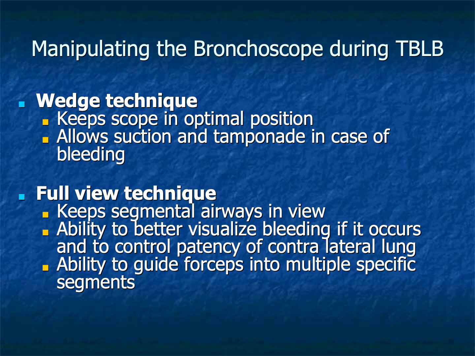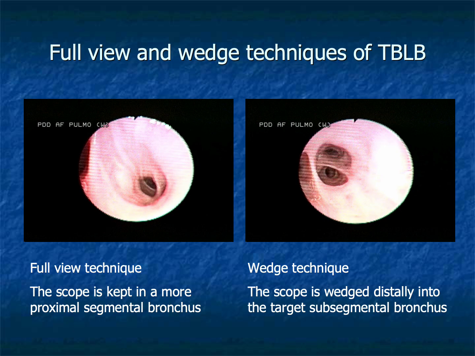This technique provides excellent tamponade should bleeding occur. Others favor a more proximal full-view technique, maintaining visualization of multiple segmental bronchi while directing forceps into selected airways. Neither approach is universally superior. The choice depends upon anatomy, operator experience, and the clinical situation.